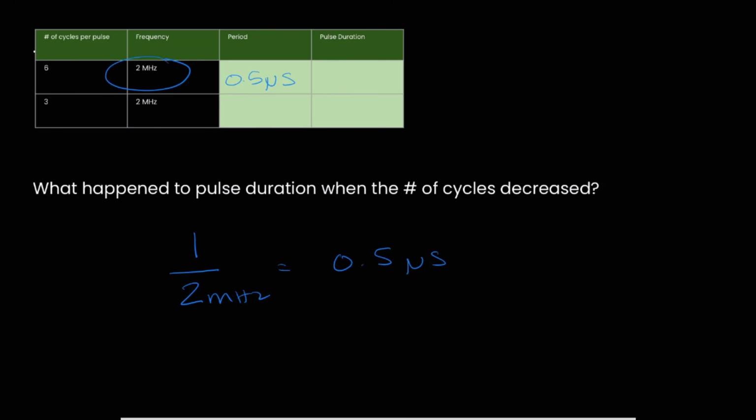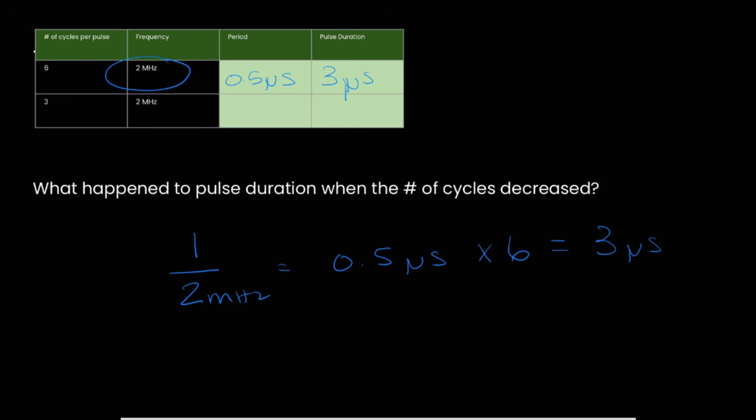Because we had to calculate period, I'm going to use the period method so we stay consistent throughout the rest of the charts. To calculate pulse duration then, we need to take the period of the wave and multiply it by the number of cycles, which was 6. 0.5 times 6 equals 3 microseconds. So our pulse duration for a 6-cycle pulse with 2 megahertz frequency is going to be 3 microseconds.